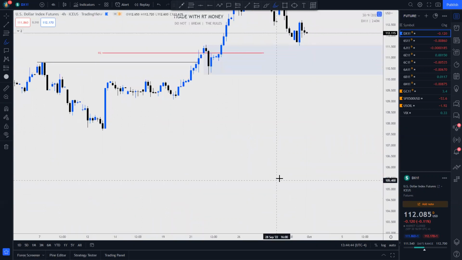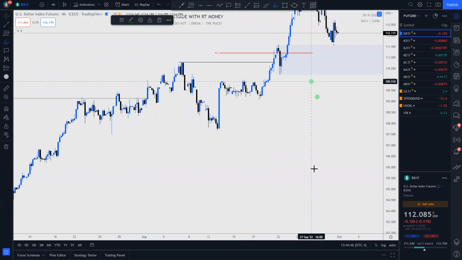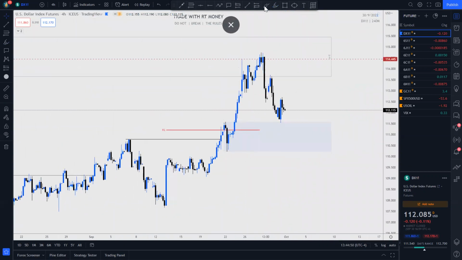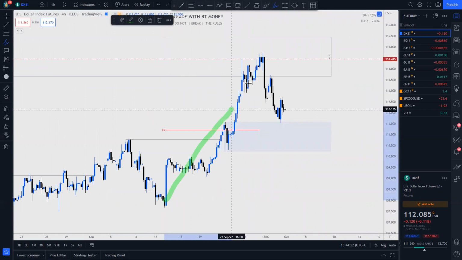If we just take a look at the impulse, this leg of bullish structure here, we can see that this pullback is coming to the EQ of the trading range, the 50% mark, the halfway midpoint.